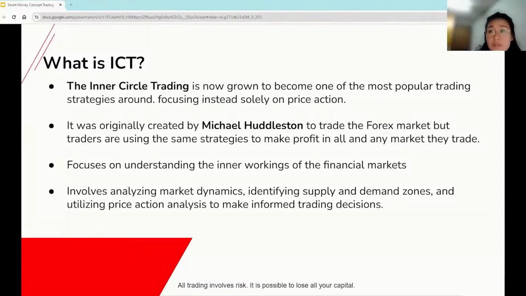Inner circle trading, originally created by Michael Huddleston to trade the forex market, uses the same strategies to profit in any market that they trade, and focuses on understanding the inner workings of the financial markets. It involves analyzing market dynamics, supply and demand zones, and utilizing price action analysis. So pretty similar to what we saw earlier with SMC.